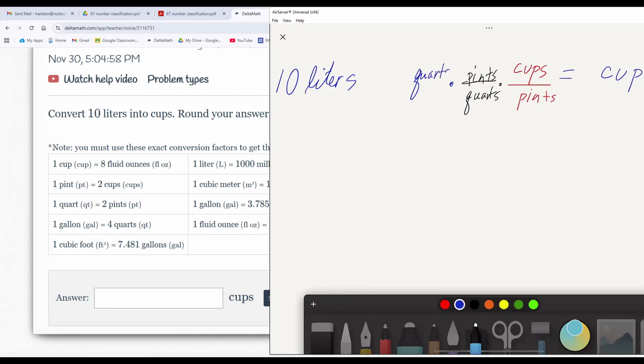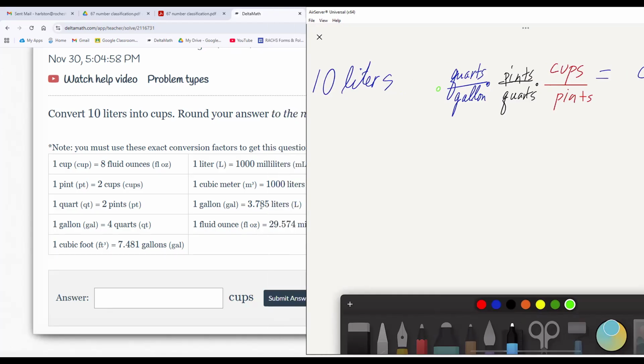I'll explain why I'm putting them the way that I am by canceling out in a little bit. Now I'm going to use green, and I'm going to go from gallons to liters. I'm going to put gallons on top and liters on the bottom.